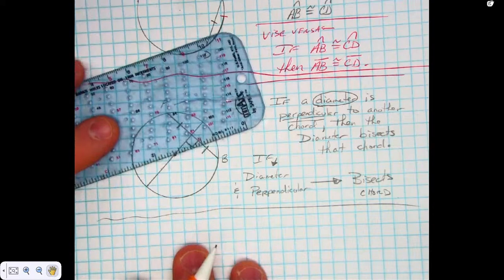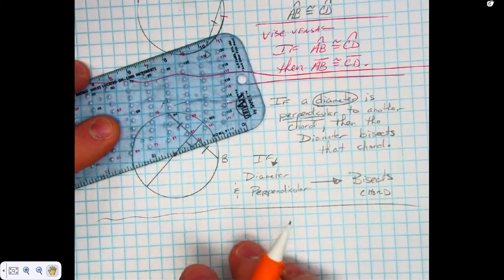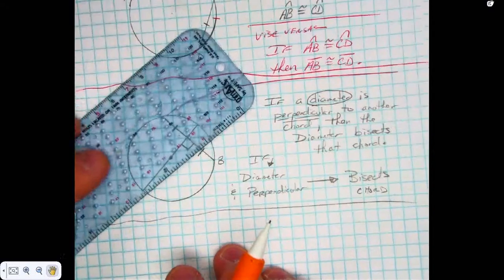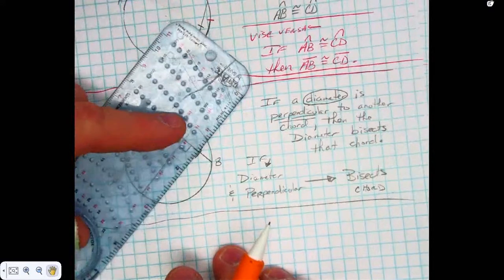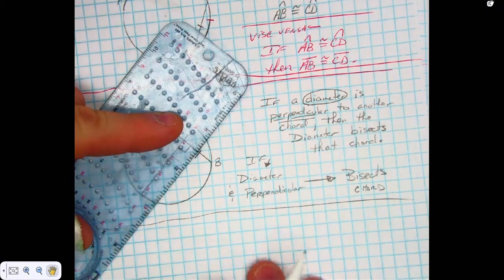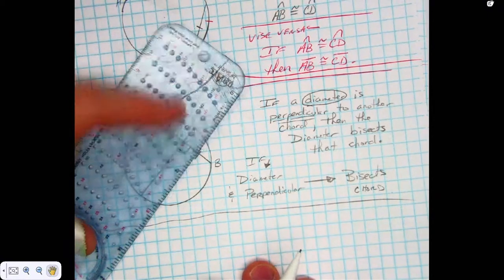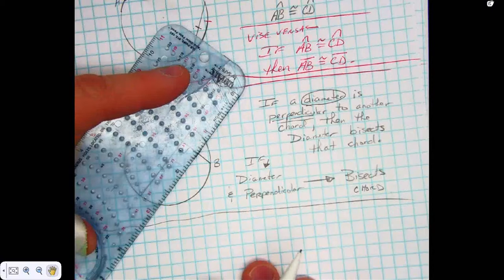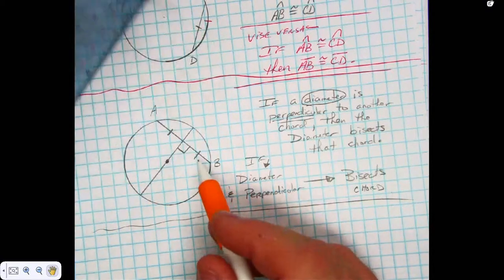Remember when it wasn't perpendicular, it was a diameter. Now I could draw something perpendicular to it, but is this a diameter? See, I can have one true, but that doesn't mean that it cuts it in half. As you can see, that's not a diameter. So it is perpendicular to it, but it doesn't cut it in half.